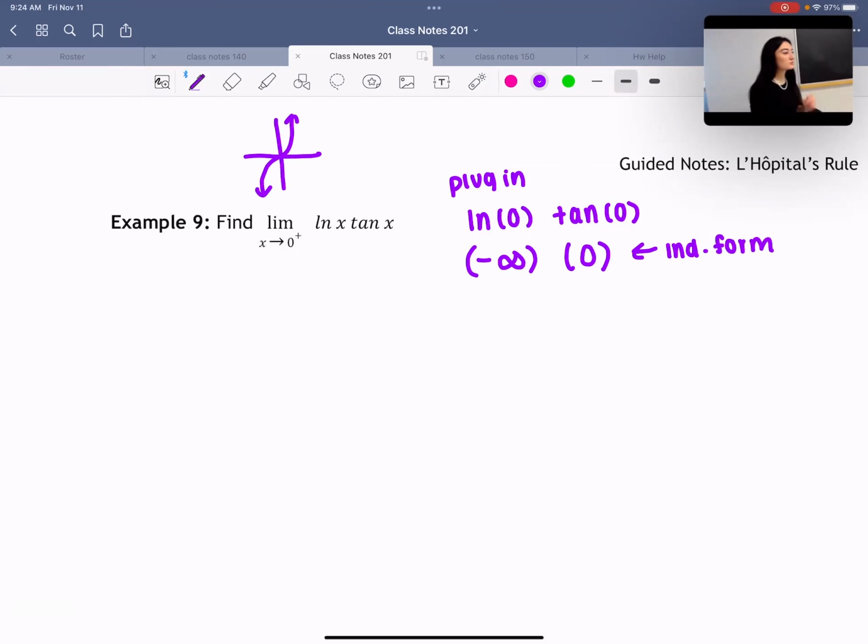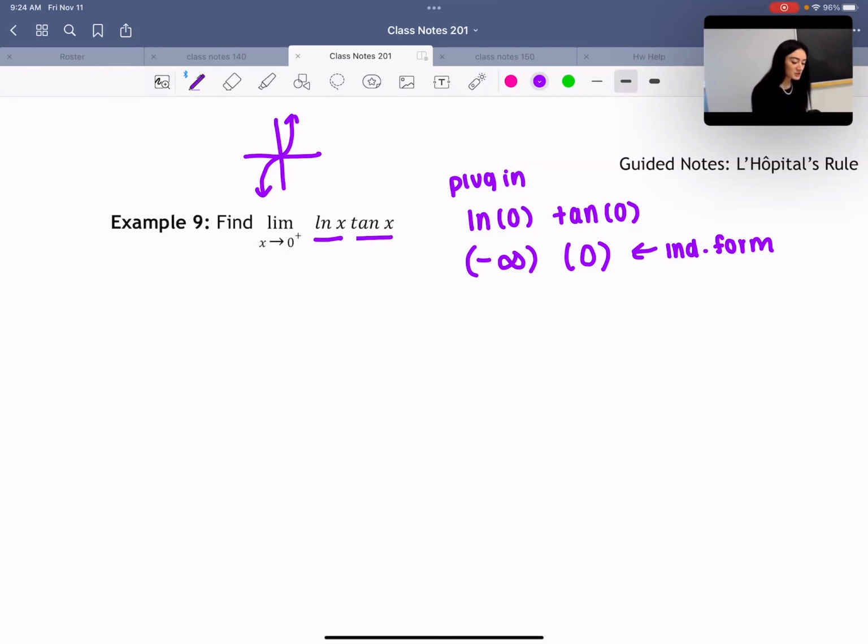So that means we can use L'Hopital's rule, but L'Hopital's rule doesn't work with products, okay? When we have a product, we have to change it into a fraction somehow, okay? When we have polynomials, it's pretty easy. Like you just kind of do the 1 over trick. But when we have trig functions, it gets a little bit more complicated, okay? Natural log, I'm just going to tell you upright, there's no way to make natural log into a fraction unless you do like 1 over the natural log, and that won't really help you.